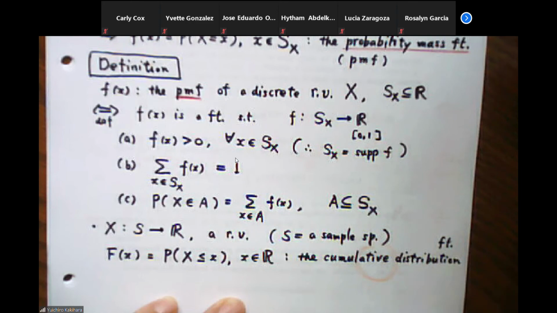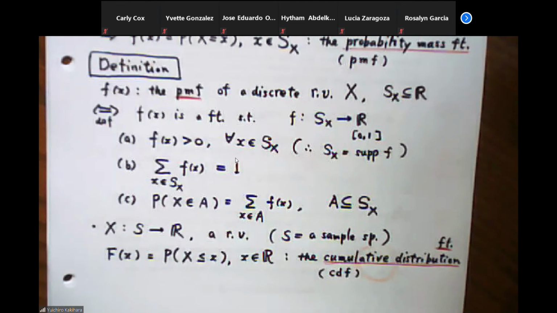Cumulative distribution function. That's the name of this function, and we abbreviate it as CDF. CDF, cumulative distribution function. PMF is the probability mass function.